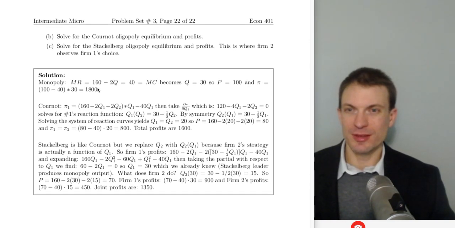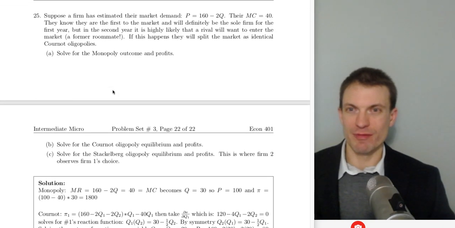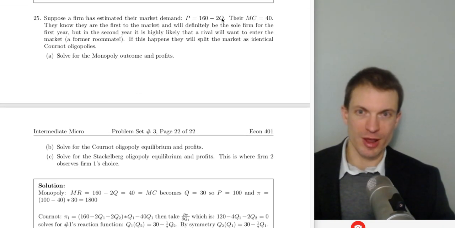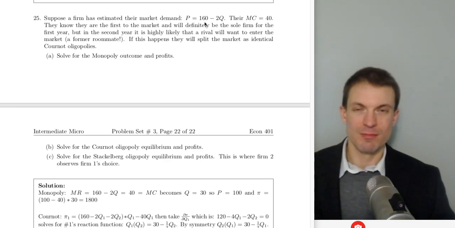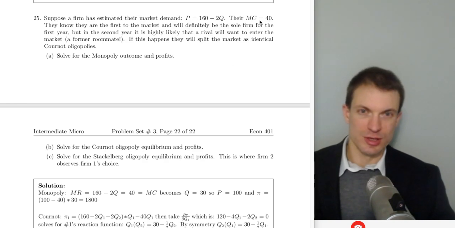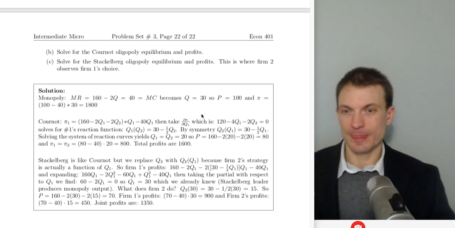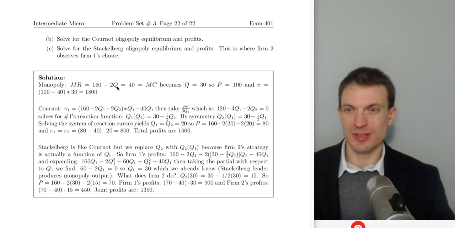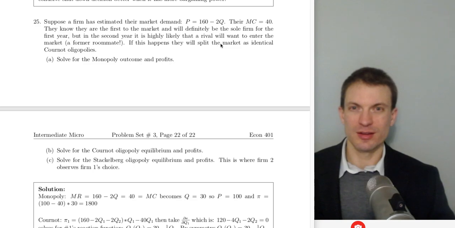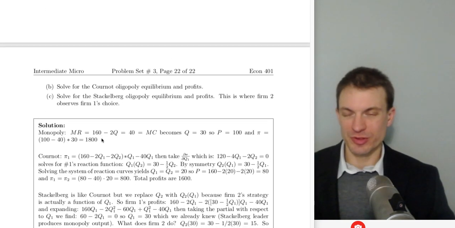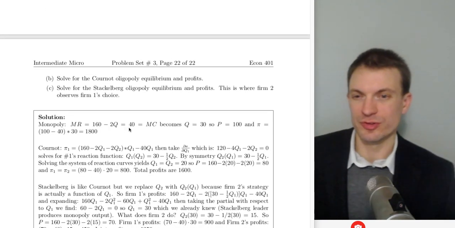The monopoly is going to produce where marginal revenue equals marginal cost. If this is inverse demand, marginal revenue has the same vertical intercept and twice the slope. So marginal revenue is going to be 160 minus 4Q equals 40. Oh, I wrote 160 minus 2Q, why did I do that? This is supposed to be 160 minus 4Q equals 40.